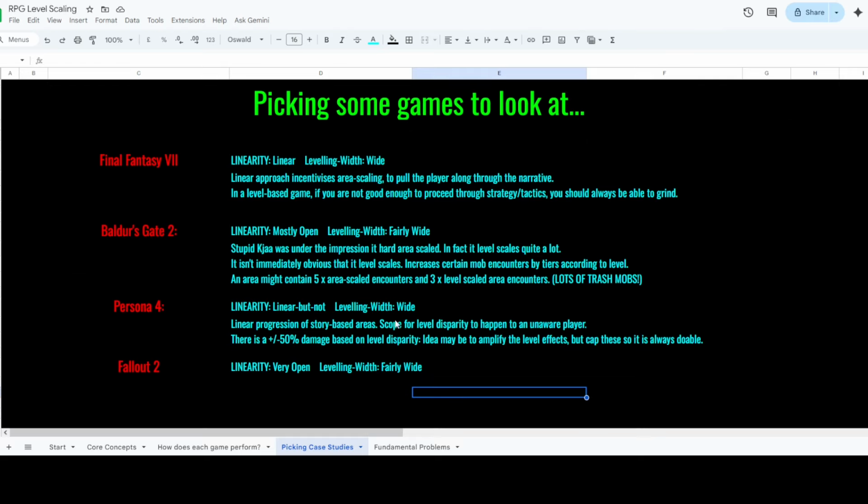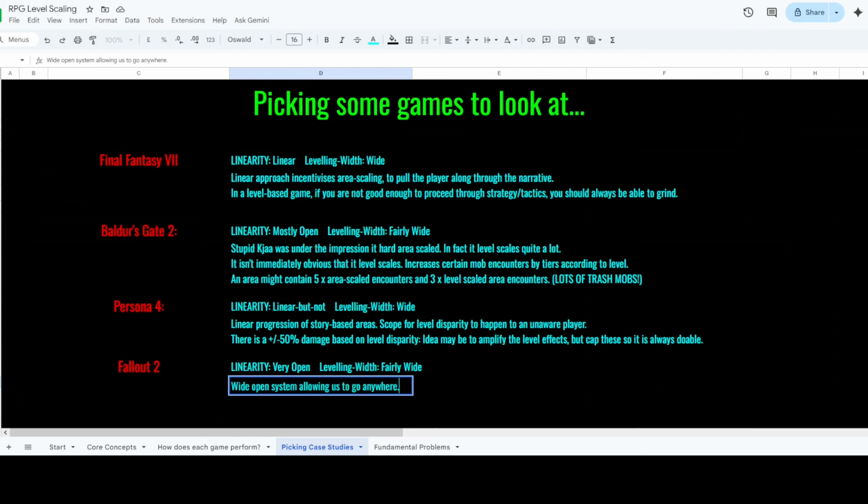But yeah, let's do Fallout. Let's do Fallout 2. So we've got a wide open system allowing us to go anywhere, along with a fairly wide leveling width.